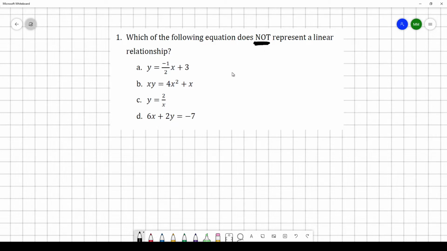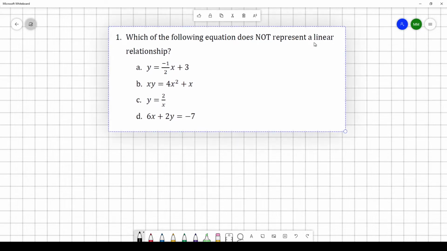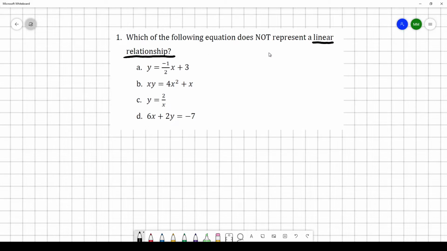Most of them, 3 out of 4, are linear relationships. A linear relationship has a degree of 1. That means when you have x or y, the exponent must be 1. So not 2, not -1, not 1 over 2.